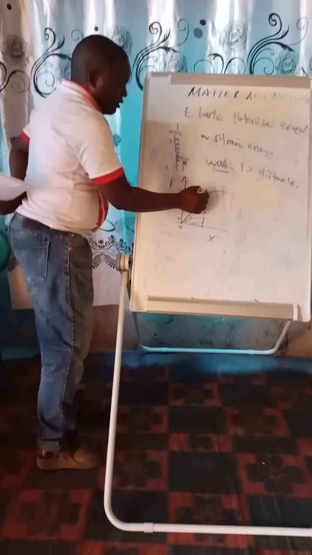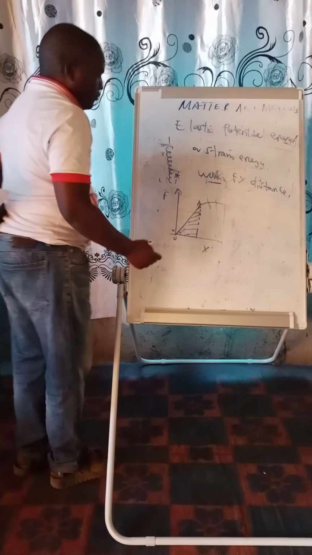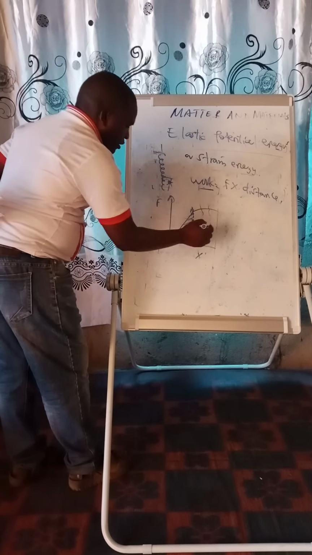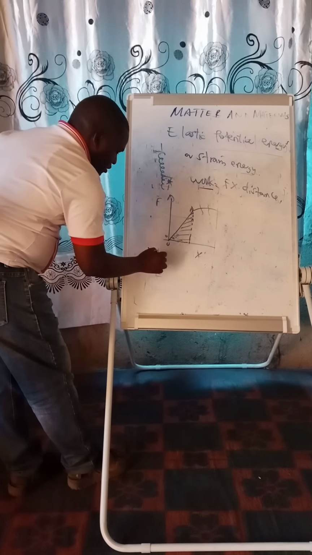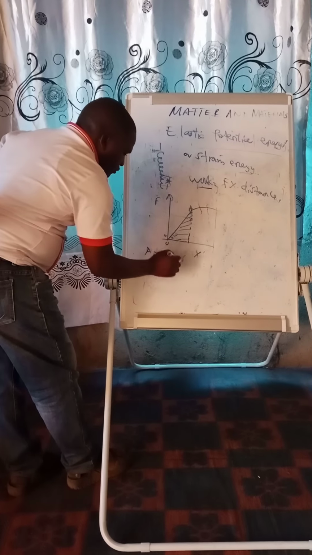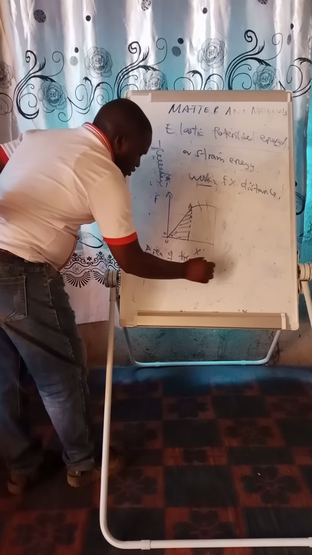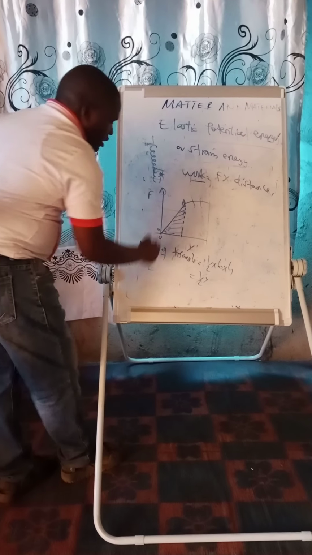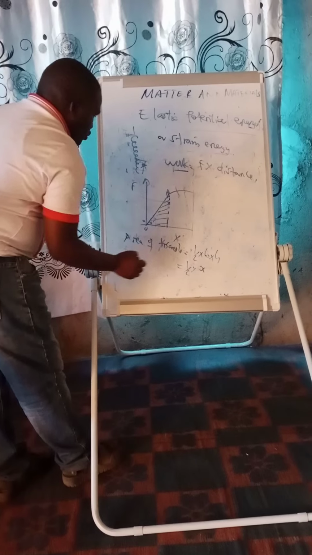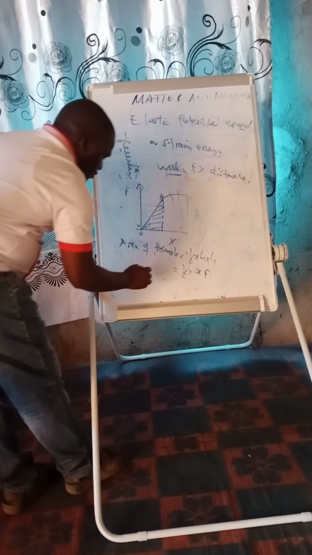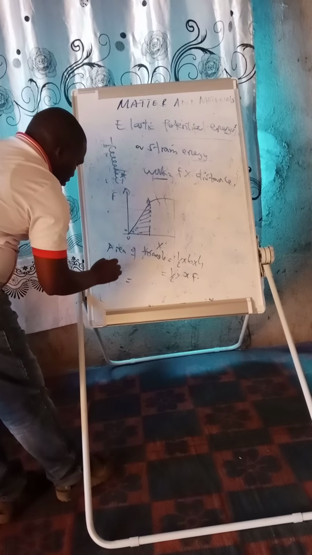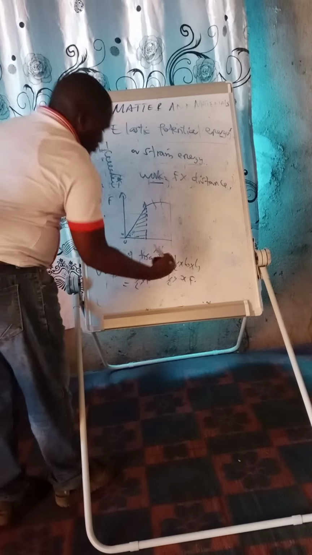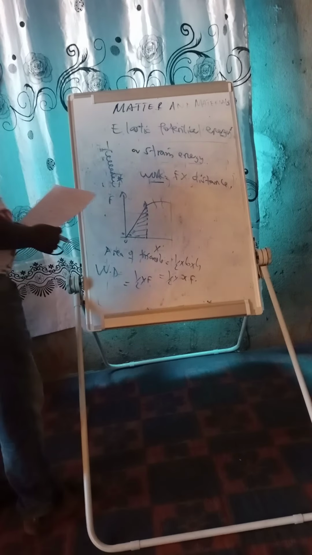The area of a triangle is half times base times height. Our base here is x, the extension. Our height here is F. So work done is equal to a half times extension times force.